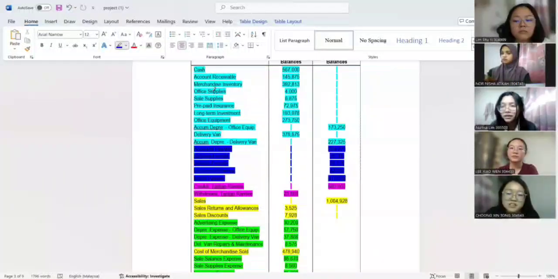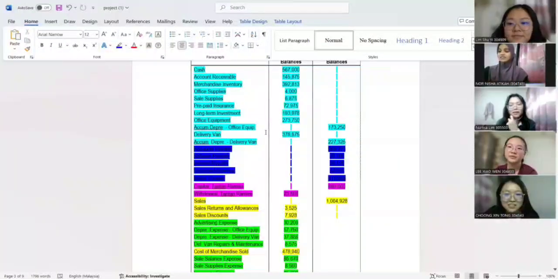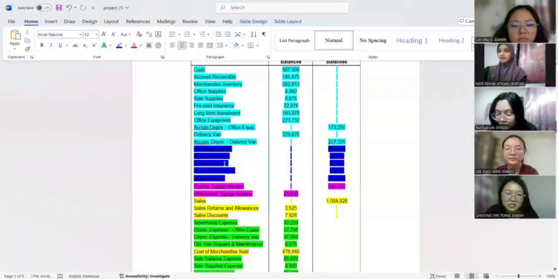The next part is the liability, right? So we can total the liability starting from the current liability plus the long-term liability, right, Nisha? The current liability consists of accounts payable, salaries payable, interest payable, and unearned revenue. All of the components are added together to get the total current liabilities. And notes payable is a long-term liability.